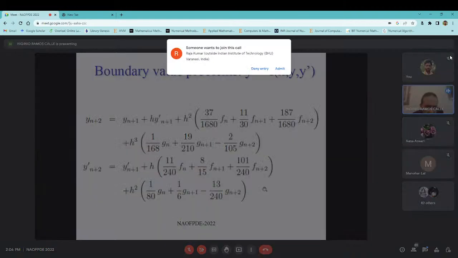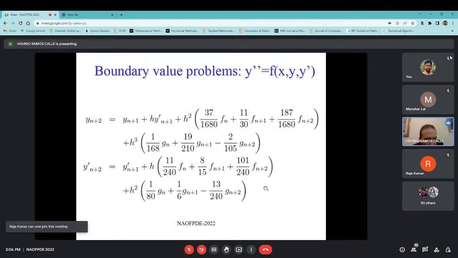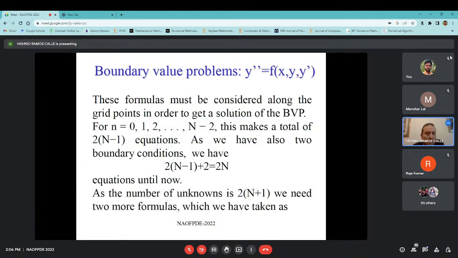But the question is now that we have to solve a boundary value problem. So in this case, we have to formulate a system corresponding to this problem. This system, in fact, is a discretization of the problem along the grid points.